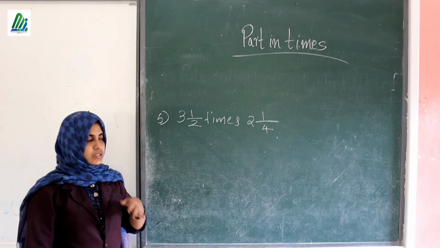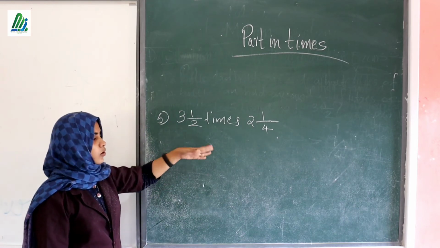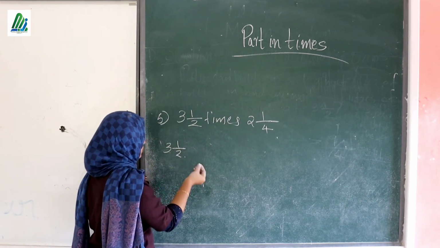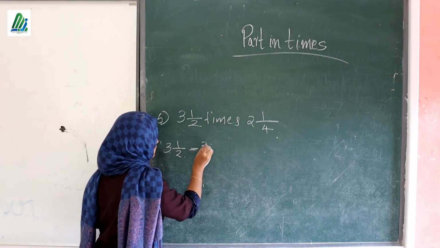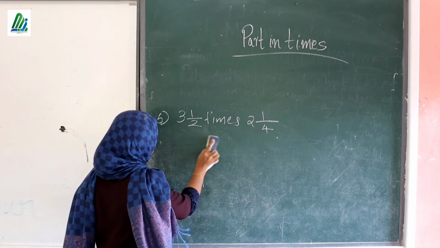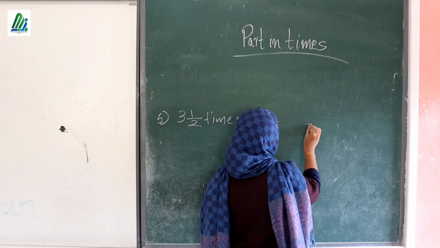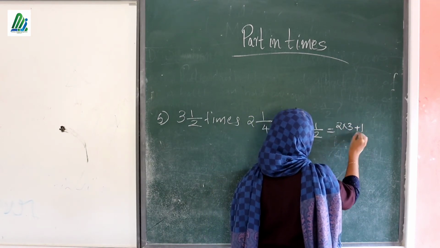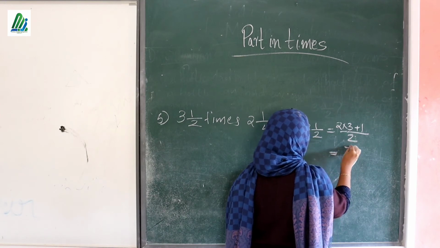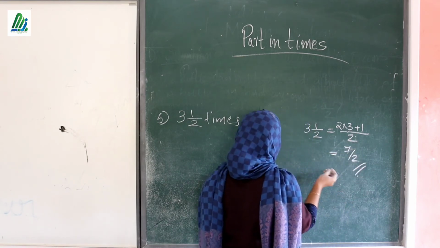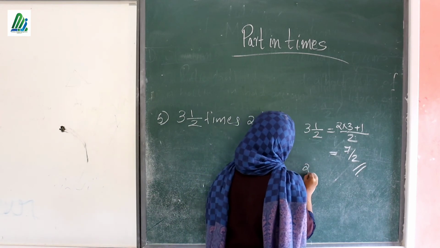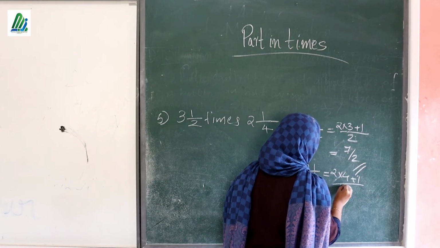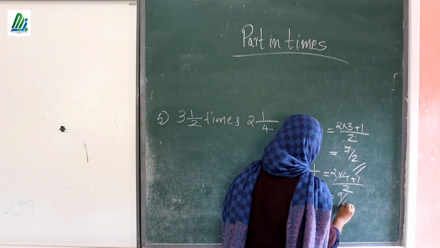Here we convert both of these fractions. 3 1 by 2 means 2 into 3 plus 1 by 2, which means 7 by 2. And 2 1 by 4 means 2 into 4 plus 1 by 4, which means 9 by 4.